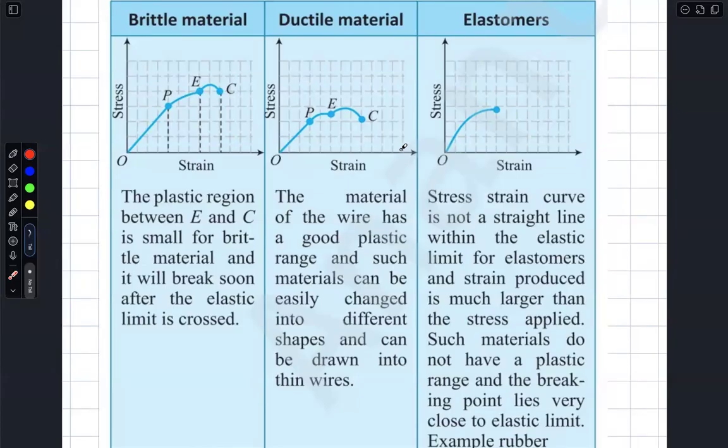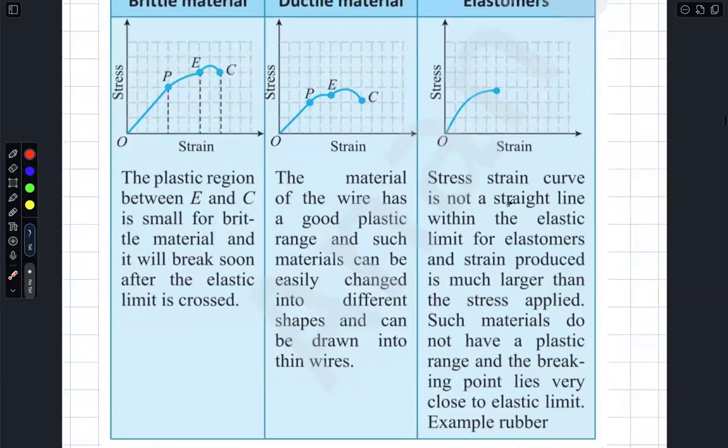You can see that the increment along X is more than the increment along Y. This material does not have a plastic range. The breaking point C lies close to E. In other words, E and C do not occur as two separate things. Once you reach E, almost you have reached the breaking point.